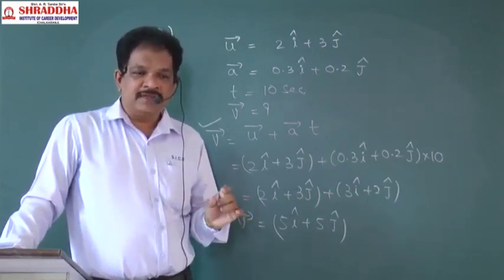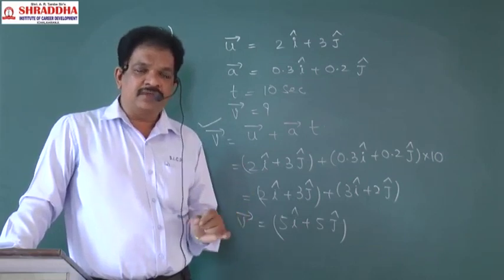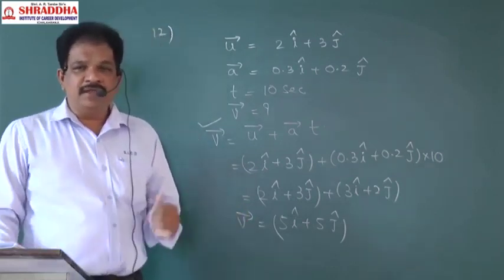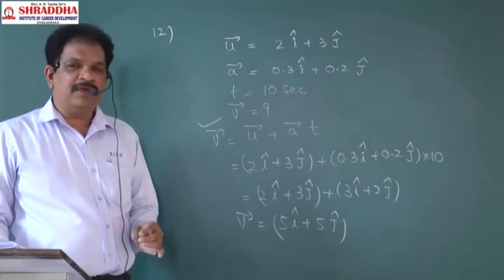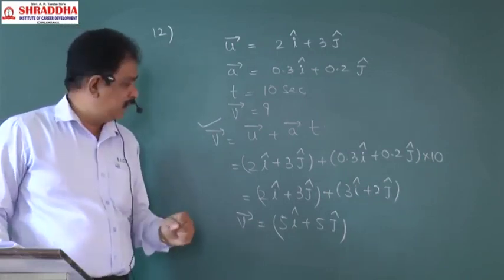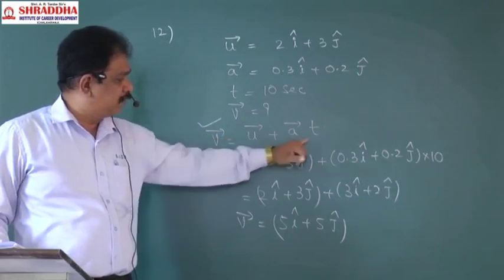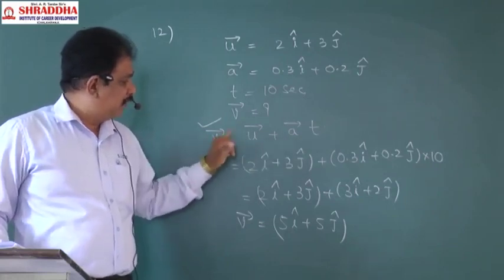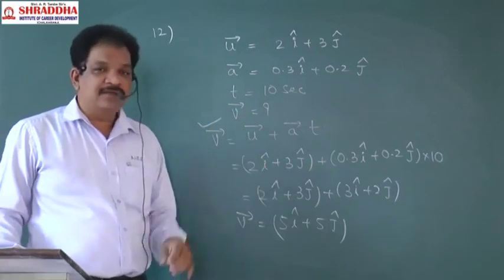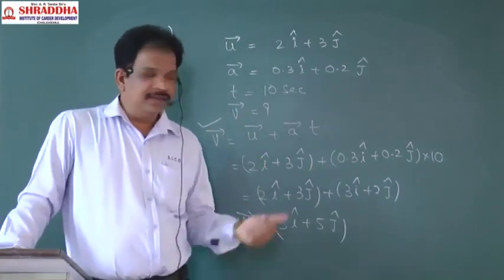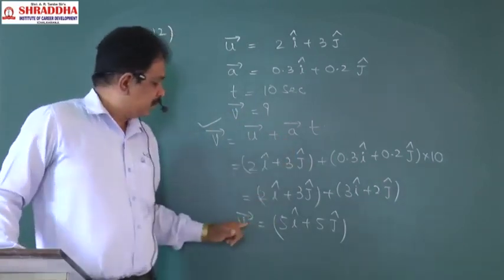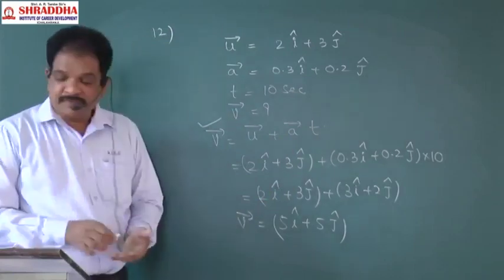These are called the equations of motion when a body is moving with uniform acceleration. Clear? If you cannot, just remember this for now. We will derive these formulas in the next chapter.